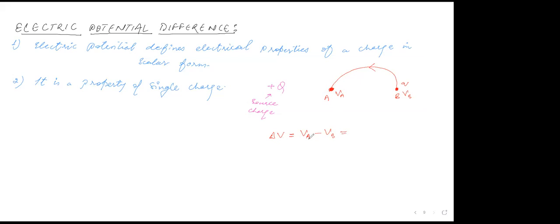So we can write delta V is equal to VA minus VB, which is equal to the work done in transporting a charge from B to A externally, and that charge is of magnitude Q. This is your equation 1. What will happen if your charge is of 1 coulomb? Then we can write delta V is equal to VA minus VB is equal to W external.